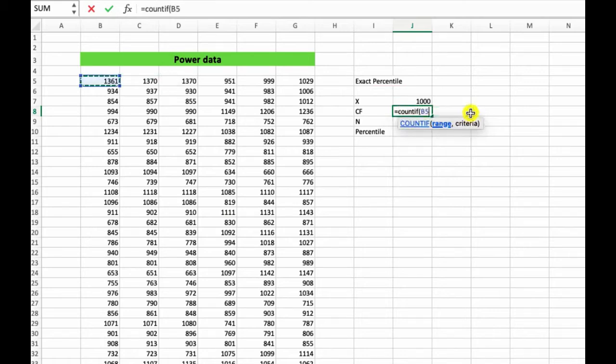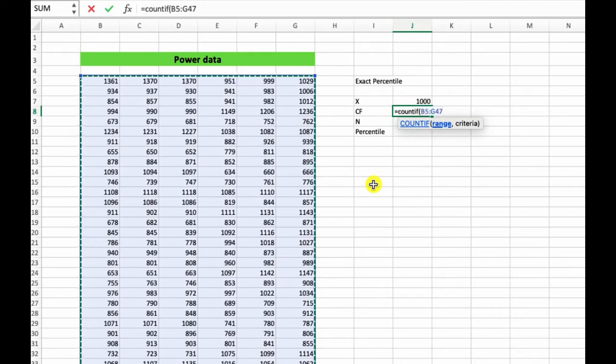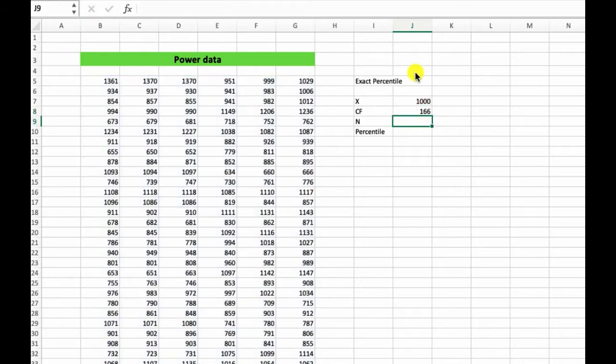And I want to know how many people are in this range that have a power output less than or equal to 1,000. So that'll give me how many people performed at or worse than my raw score of interest.